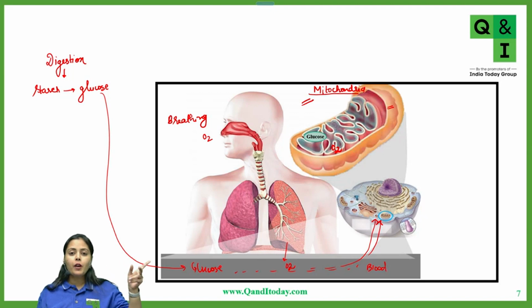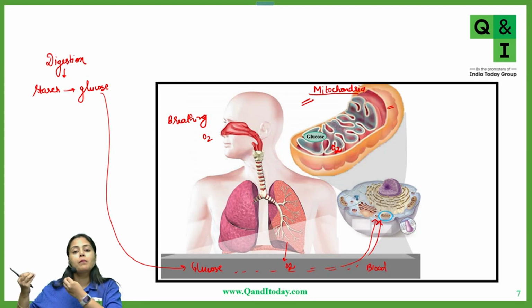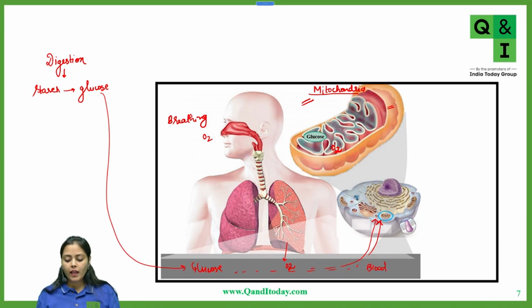So the end products of two important systems are eventually delivered to the blood, and from the blood released to the various cells of the body. Have you understood what I am trying to say here? The end products of two important systems are finally delivered to the cells of the body.